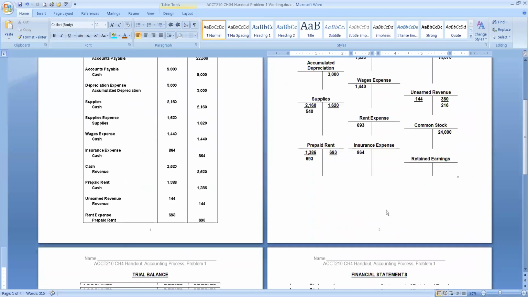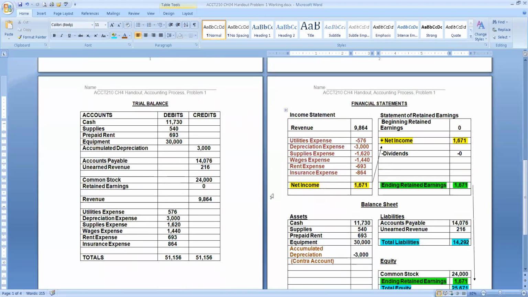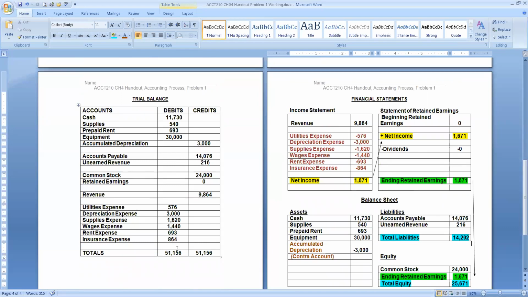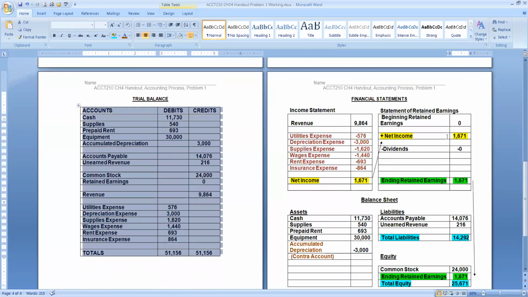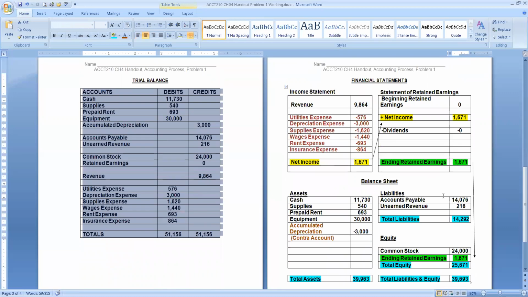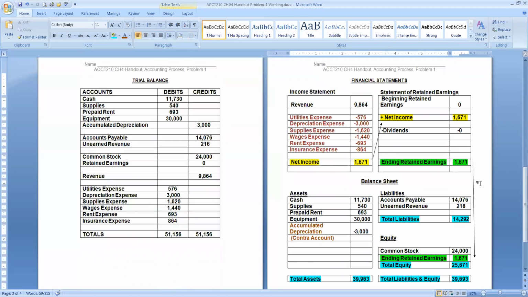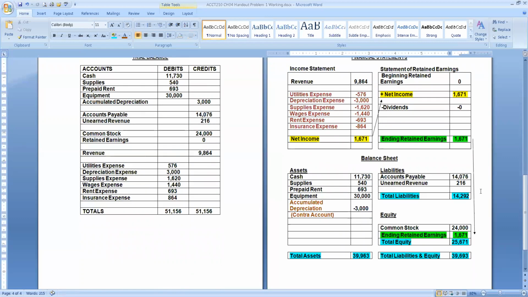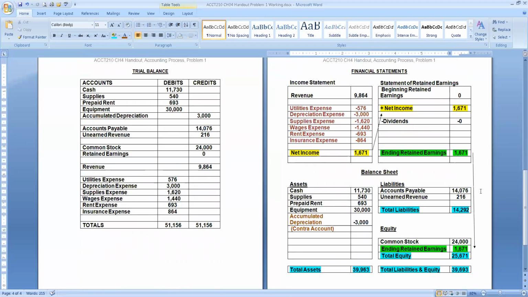General ledger, trial balance, make sure it balances. If this doesn't balance, then these won't balance. Any questions on that?